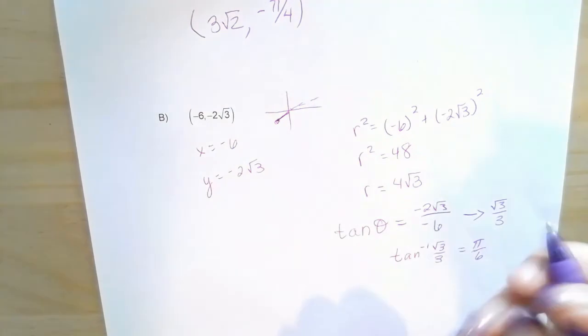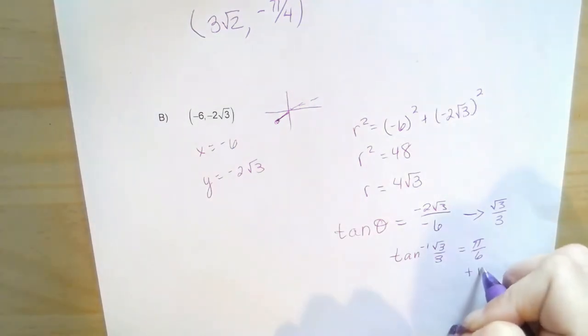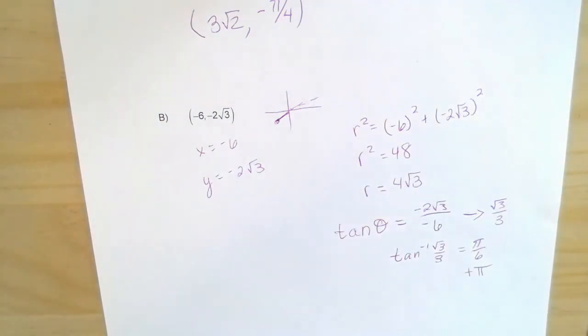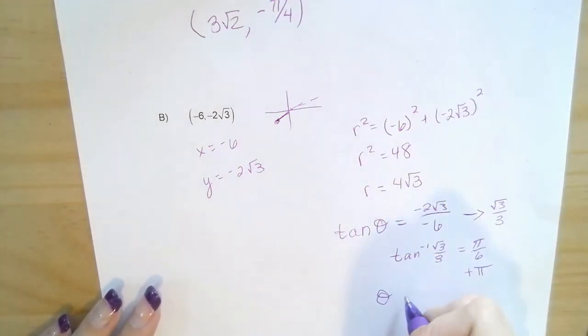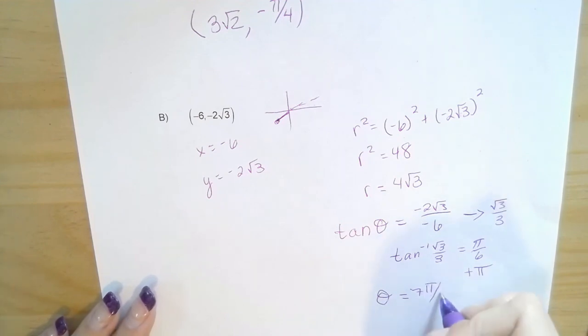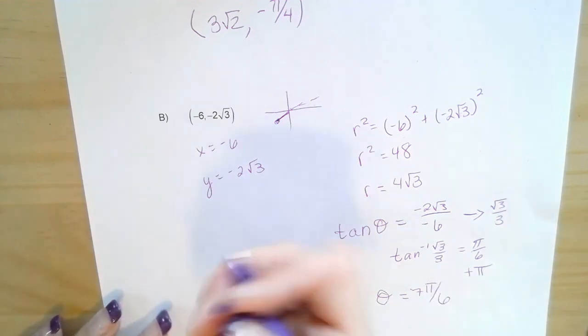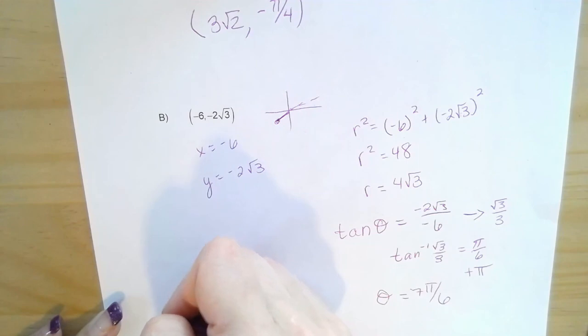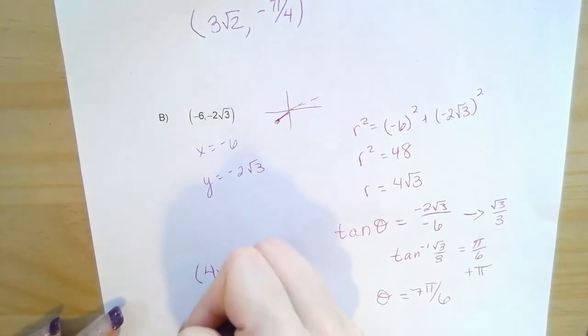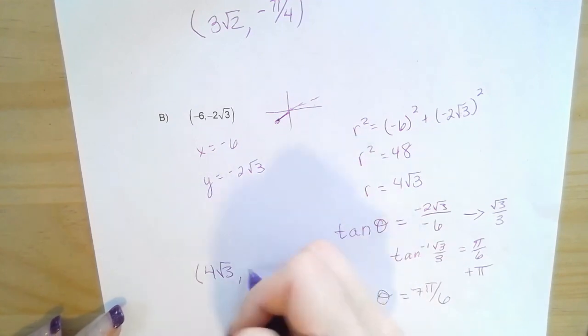I need to add pi. Well, pi in sixes is 6 over 6, so 6 pi over 6, plus another pi over 6 means that theta is going to be 7 pi over 6. So our polar coordinate is 4 square root of 3, comma, 7 pi over 6.